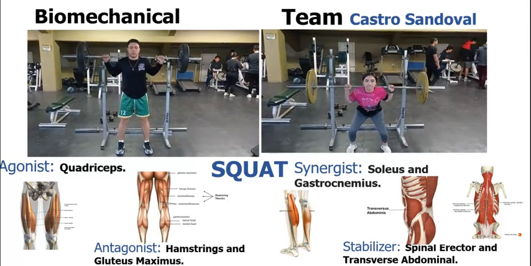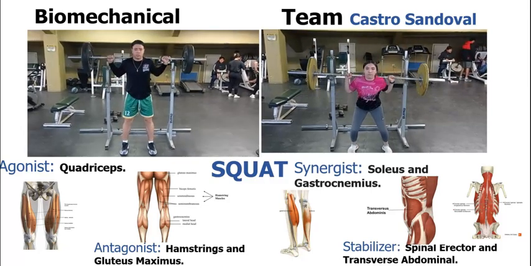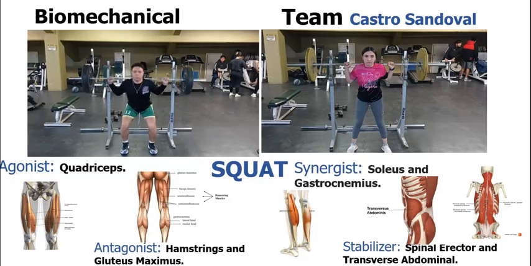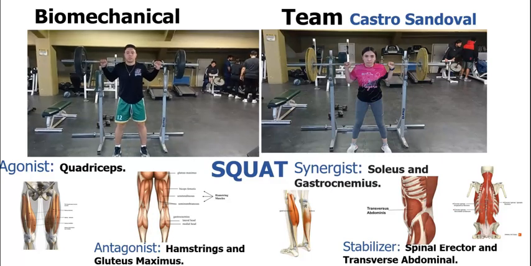This exercise provides stabilization through the core muscles, including rectus abdominis and erector spinae, and these muscles basically help stabilize the spine and the pelvis, maintaining proper posture and preventing injury through the squat movements.